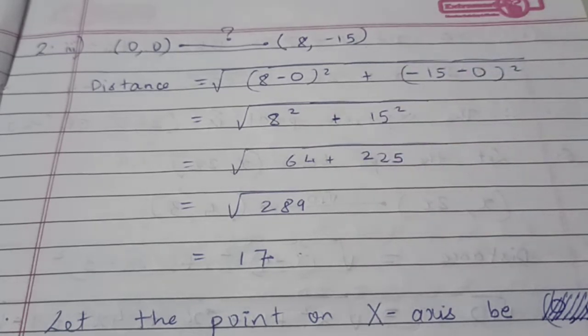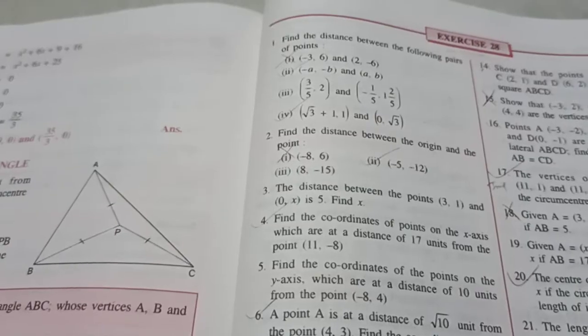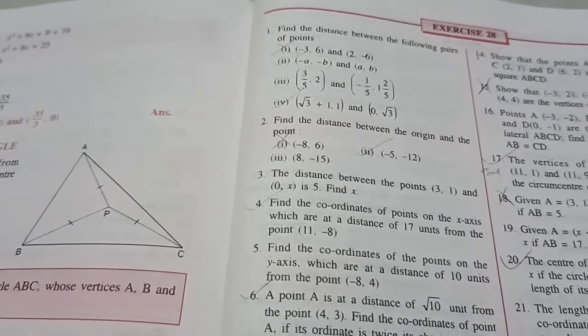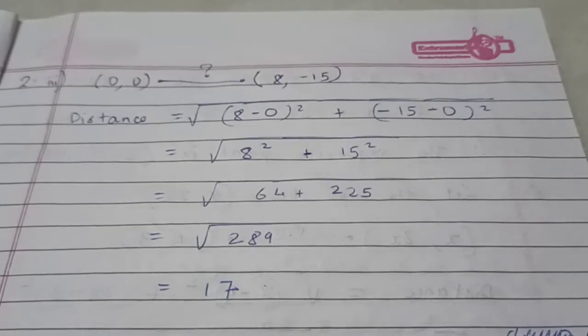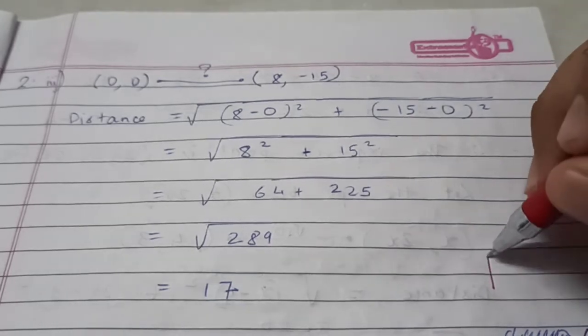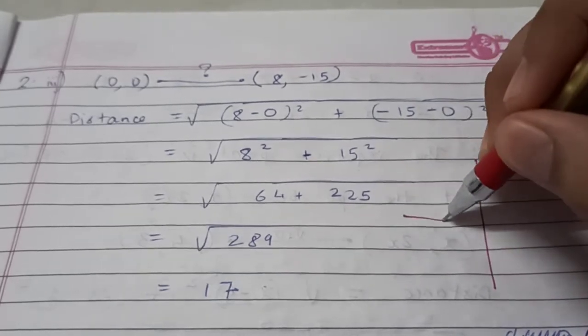Next, the fourth sum. Find the coordinates of the points on the x-axis which are at a distance of 17 units from the point 11, minus 8. Let us try to understand this sum by visualizing it on a graph paper.